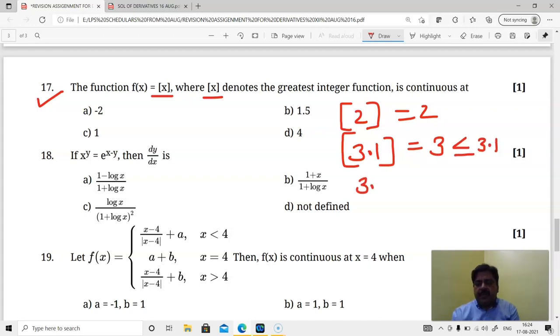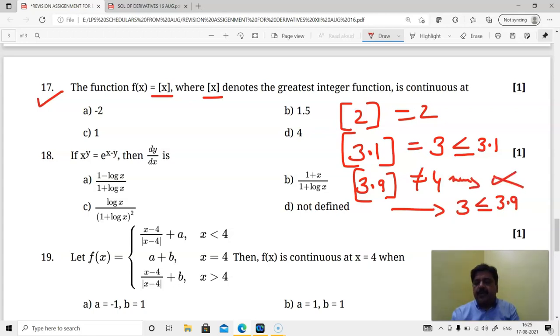For this reason, at 3.9 the output is not 4, the output is 3, because it has to be less than 3.9, and 4 is not correct. And if you put 1, you will get 1, that's correct.